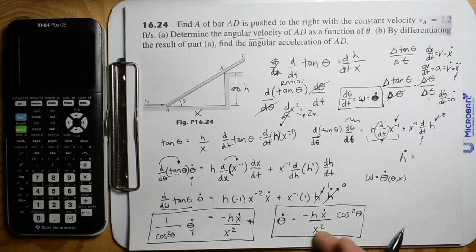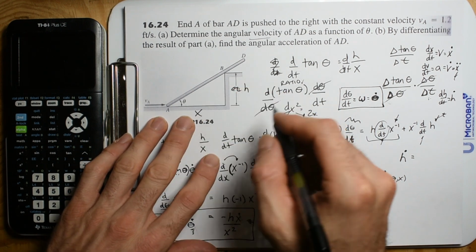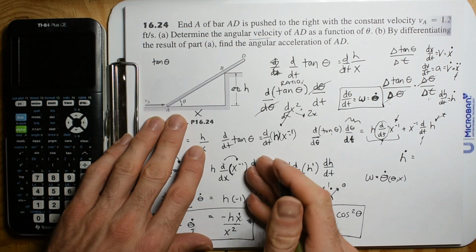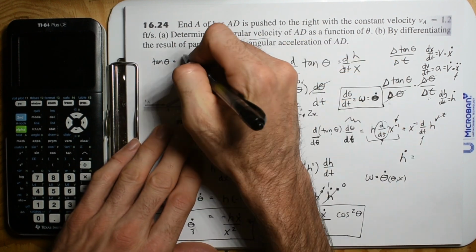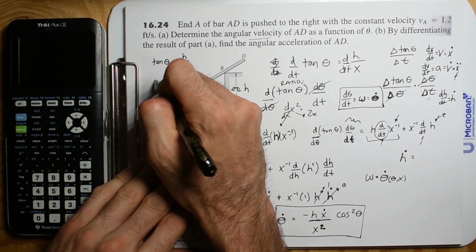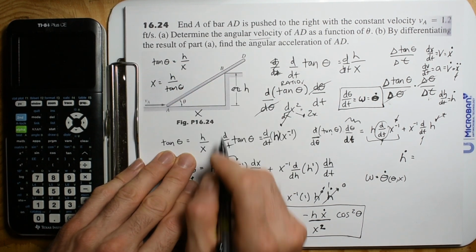So how to get this as a function of just theta is, well, let's go back to our equation. We're going to say tangent of theta is h over x. Okay, so let's solve for x. So x is equal to h divided by tangent theta.